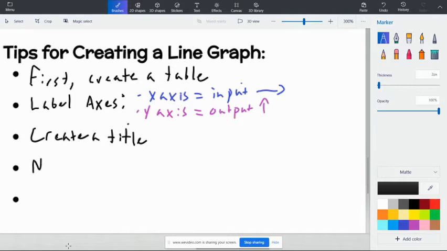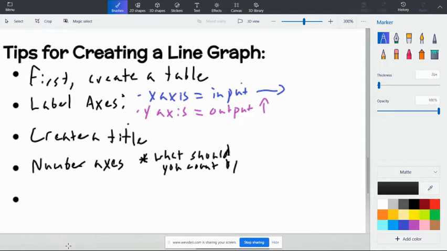Next thing you want to do is number your axes. So your x and y axes should have numbers on them. Okay, you need to think here, what should you count by? What should you count by? So if we're doing sales, like I said, I worked in sales for a couple of years at a moving company that was decent sized.